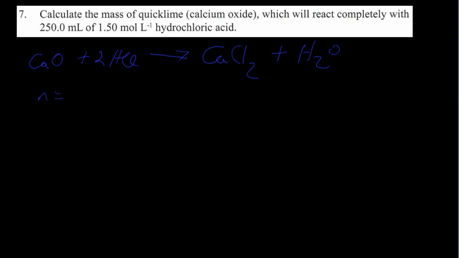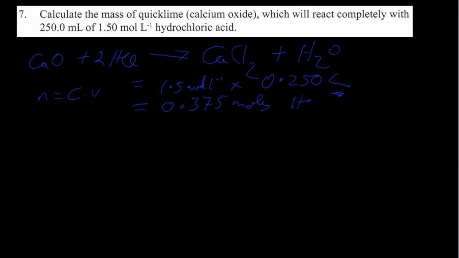n equals c times v, in this case, which is going to be equal to 1.5 mole per litre times a volume of 0.250 litres. Remembering, of course, that we need to have it in litres. If we calculate that through, we get a value of 0.375 moles of HCl.